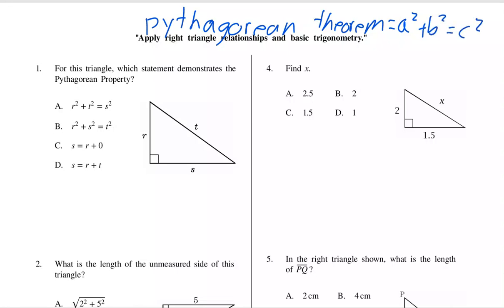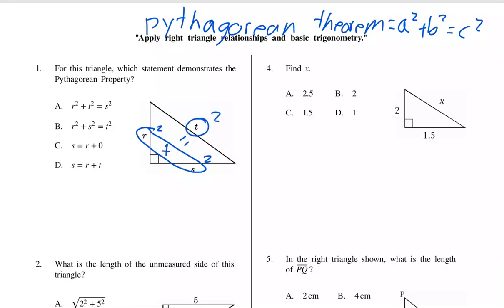So for this first problem, it says, for this triangle, which statement demonstrates the Pythagorean property? This is basically saying, which formula follows Pythagorean theorem? Well, Pythagorean theorem says my two legs squared add up to equal my hypotenuse squared.